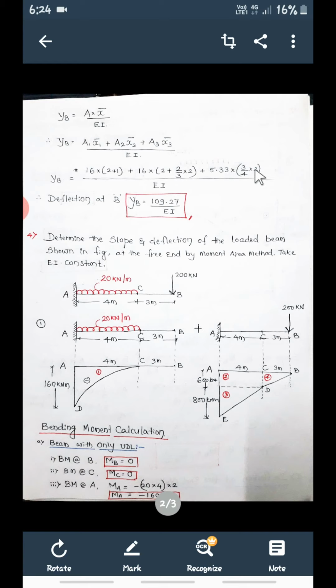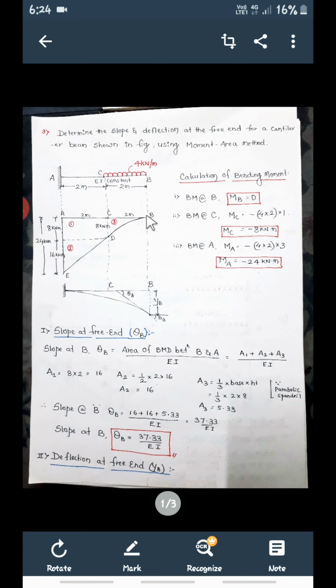This is x3 bar. If we calculate this, we get deflection at B equal to 109.27 divided by EI. So we have found slope at B and deflection at B, theta B and YB.